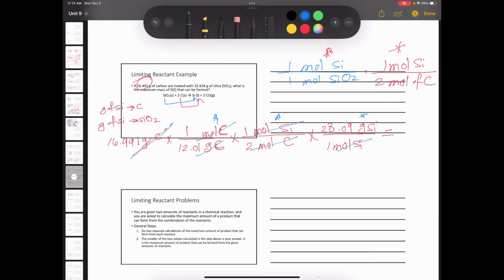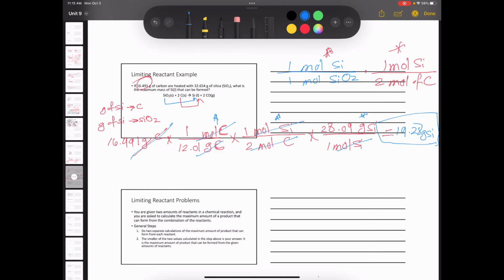Now I have grams silicon, and that's exactly what I want, grams of Si. The number will be 19.28 grams of silicon. So this is how much silicon will be produced from the 16.491 grams of carbon.